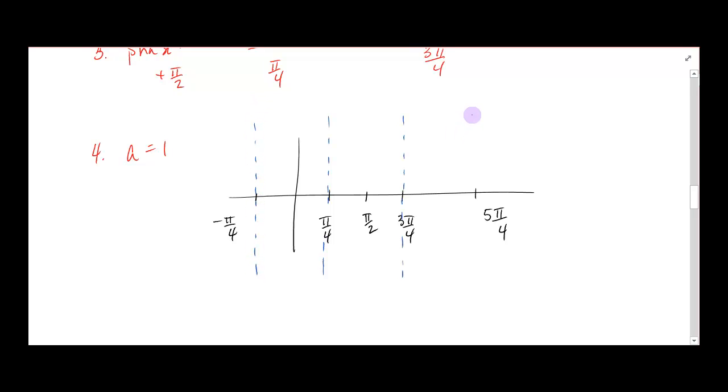So at each of those new values that I just put on the graph, I'm going to draw vertical asymptotes. Then I'm going to come back in and calculate the x-intercept for that function. So halfway in between 3/4 and 5/4 would just be pi. And then in this section over here, halfway between negative and positive pi over 4 is 0. So I'm going to write the number 1 and negative 1 on here to represent values on the y-axis.